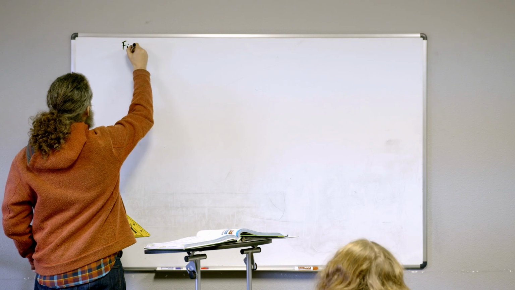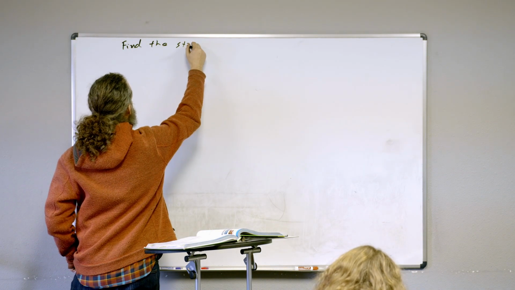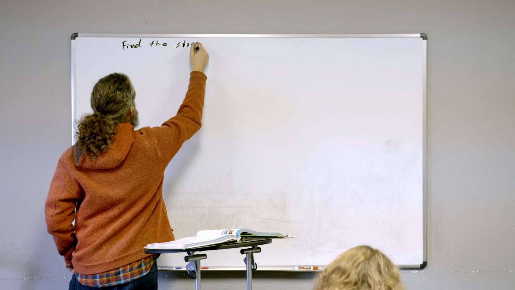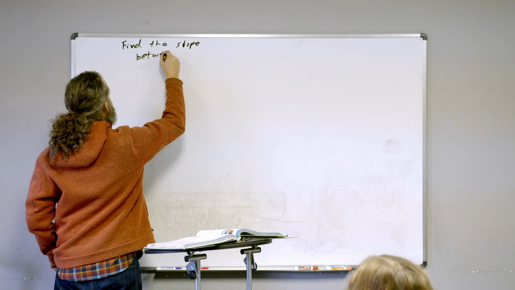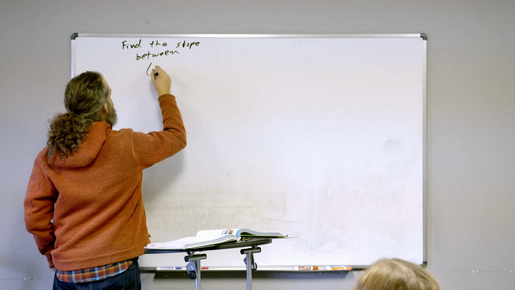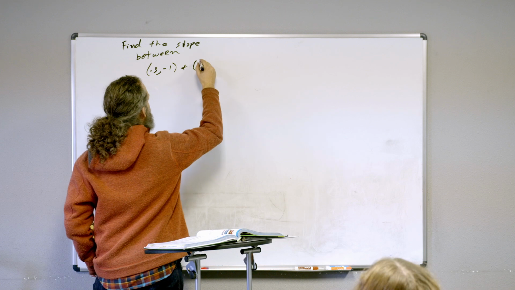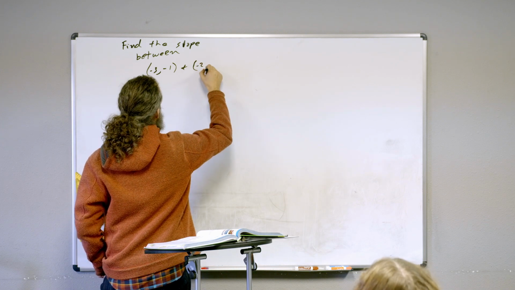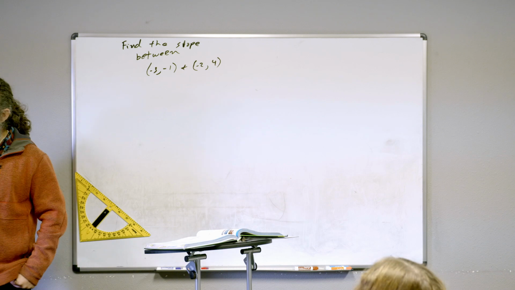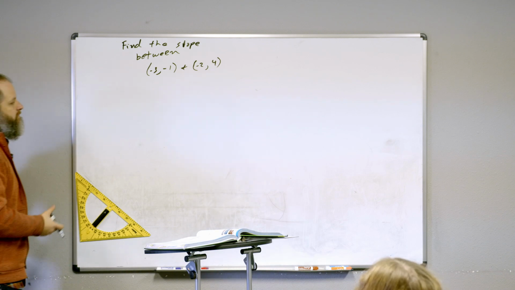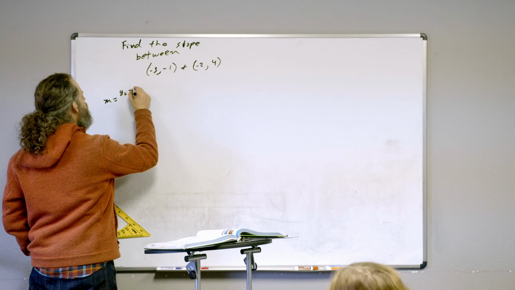Find the slope between (-3, -1) and (-2, 4). So what's the slope formula? y2 minus y1 over x2 minus x1. What is that slope?